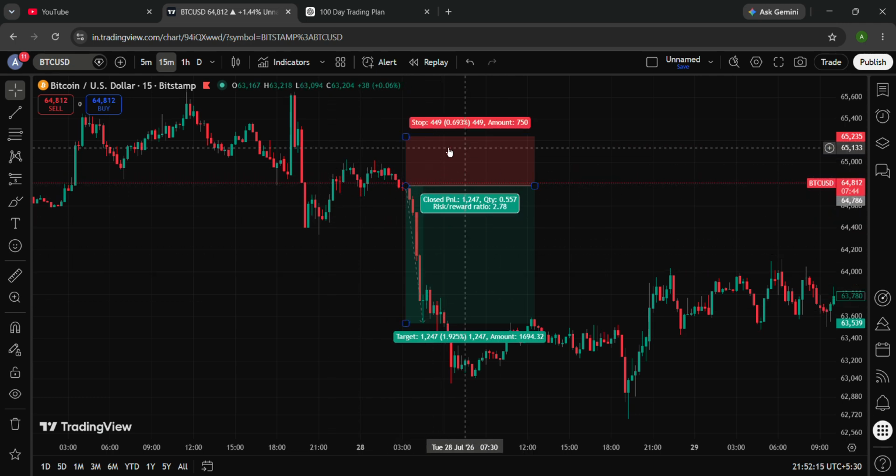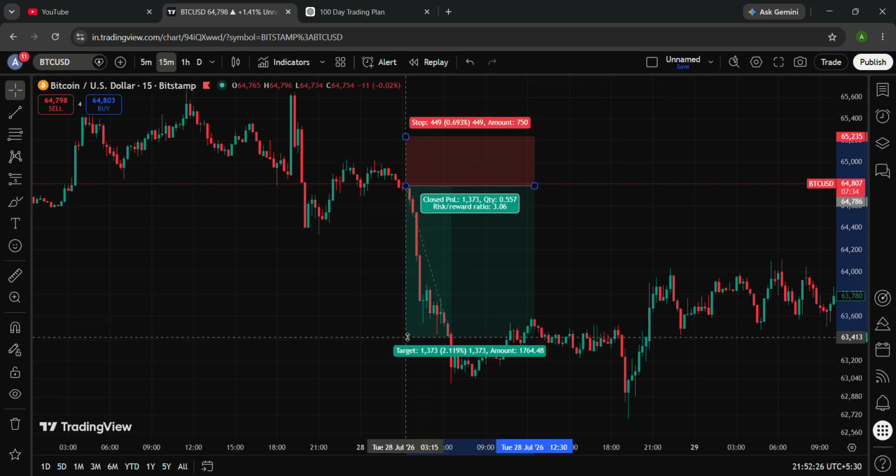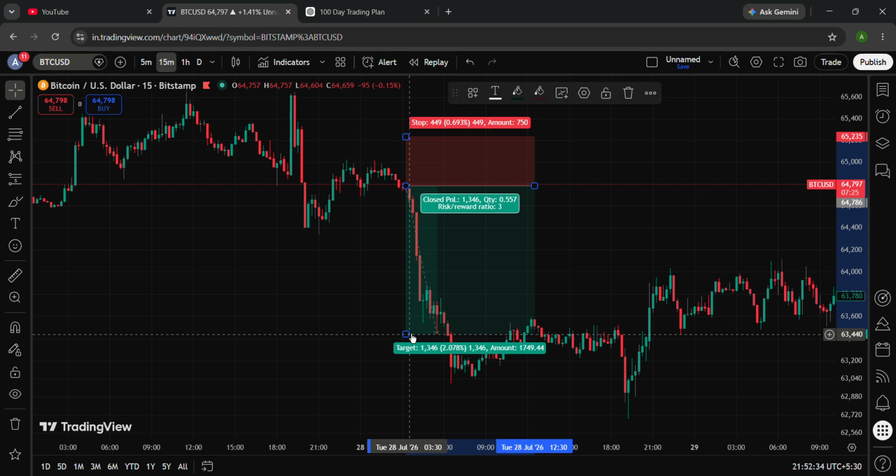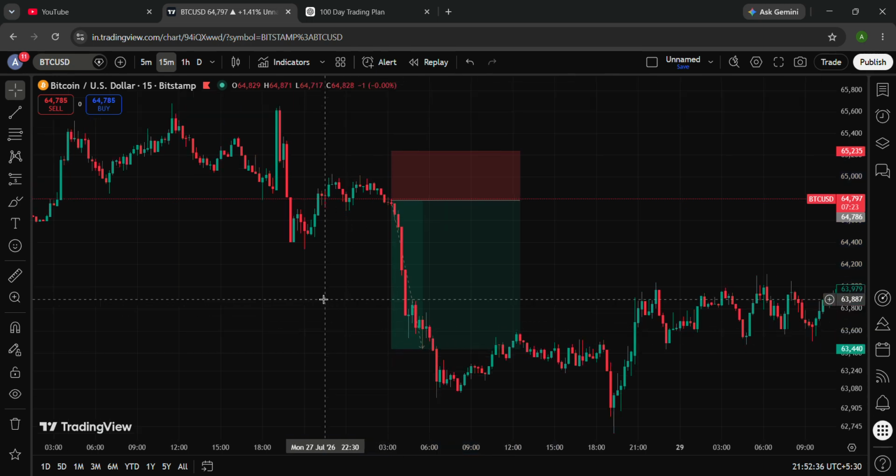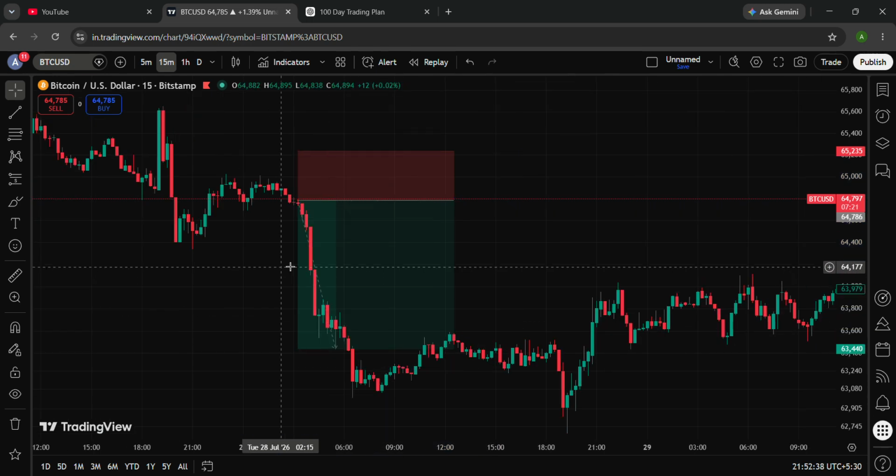If you hover your mouse over that measurement tool, you will see there is a factor called the risk to reward ratio. This is my risk to reward ratio. If I drag it a little bit and keep it at 3, that is the perfect risk to reward ratio for me.